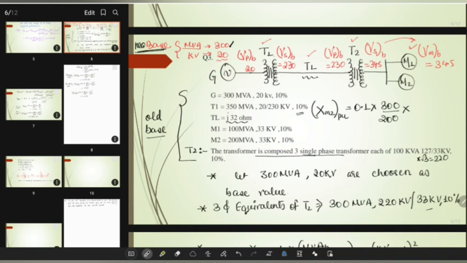That is 33 kV square divided by new kV base value 34.5. Okay. So this will give you 0.137 per unit. Okay.